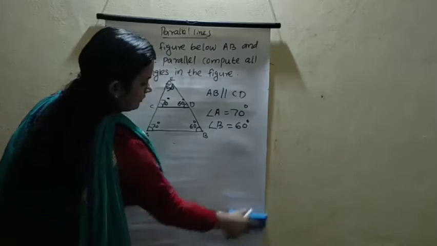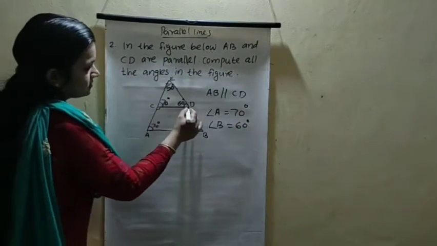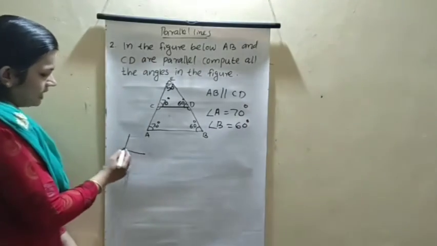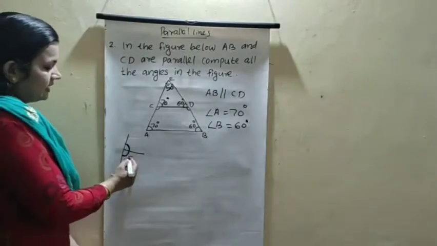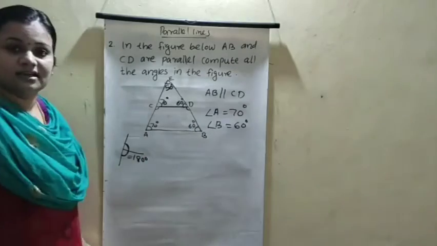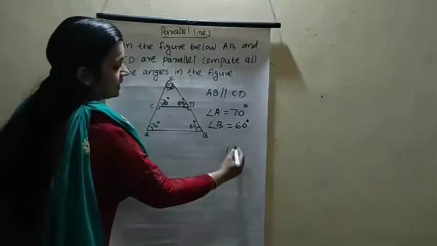Then we want to find out these two angles. We already know that one line is a half rotation. This half rotation equals 180 degrees. This is the linear pair. The sum of the linear pairs is 180 degrees.